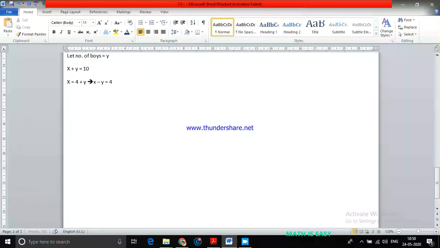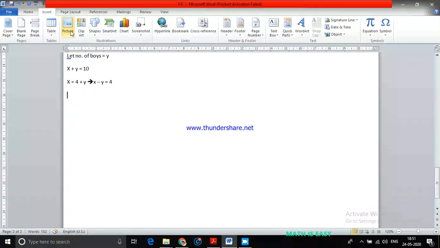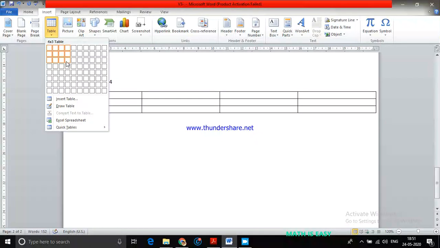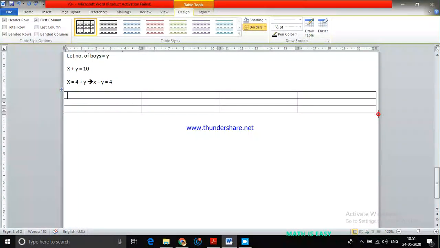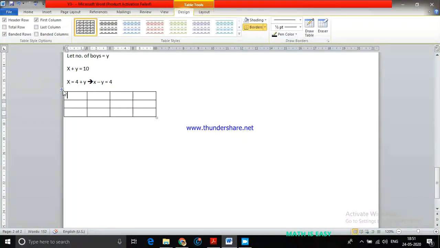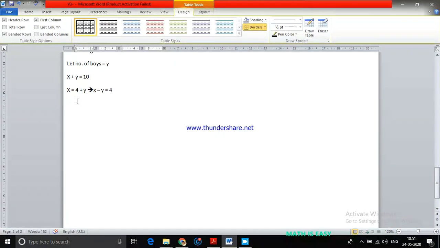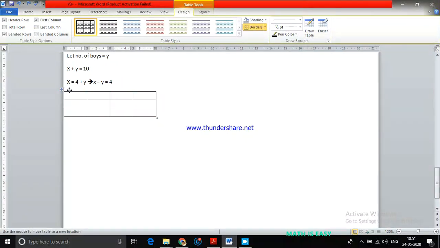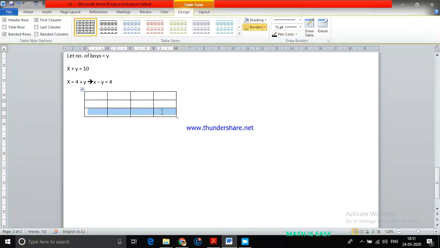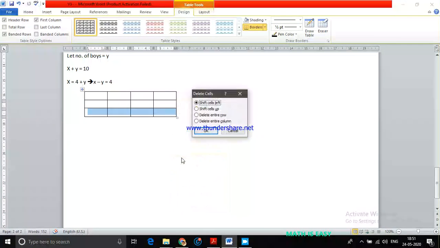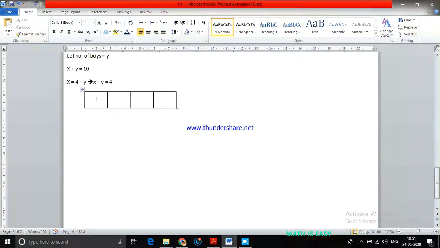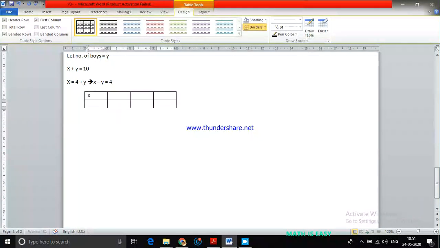Now what you have to do here is make the table. How do you make the table? That you already know. Actually, I don't require 3 rows, so I can delete one. So this will be x and the one below will be y.